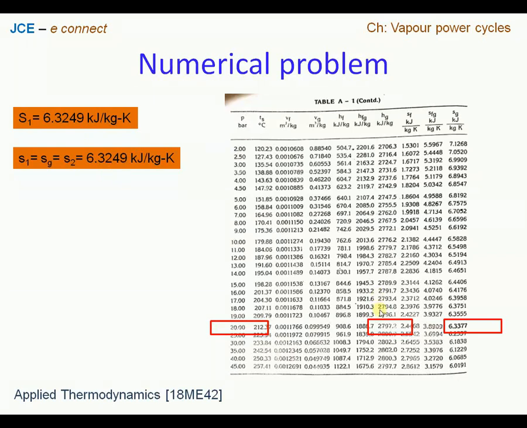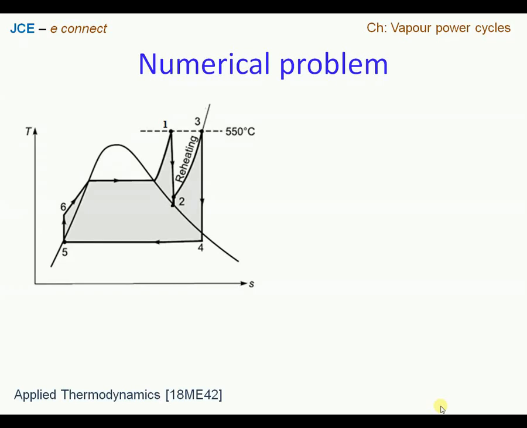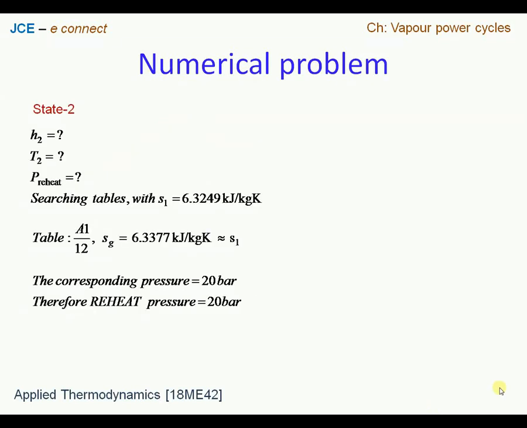So now we are in a comfortable position, because we know the H2 value, and we also know the S2 value because S1 is equal to S2. Now let us proceed with the problem. We found that the reheat pressure was 20 bar, and the corresponding saturation temperature T2 is 212 degrees Celsius.